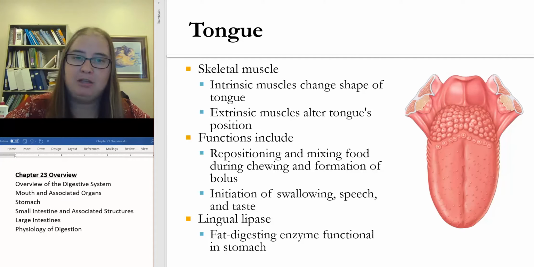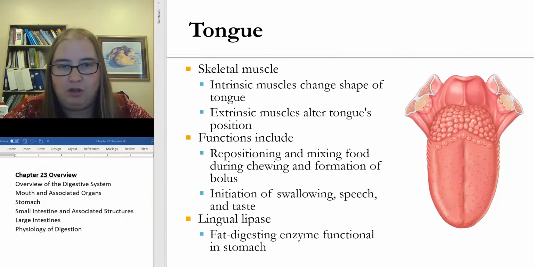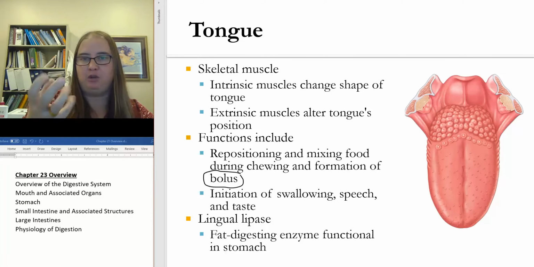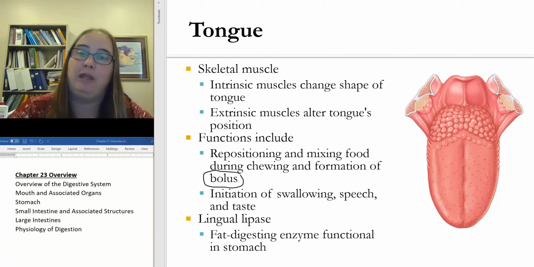The tongue is also responsible for repositioning and mixing our food, doing chewing, and creating something called a bolus. When we put food into our mouth, we chew and move it around, and eventually we create a ball of food, and that's what is called a bolus.